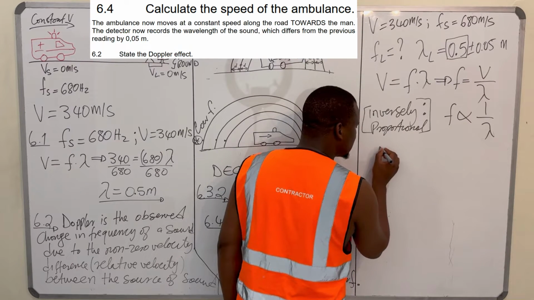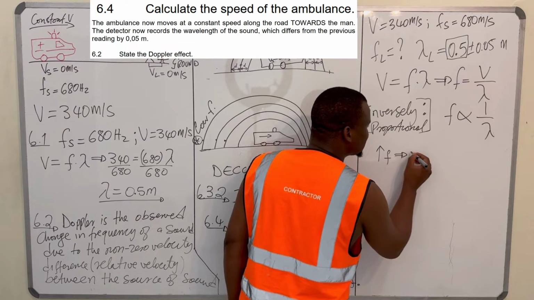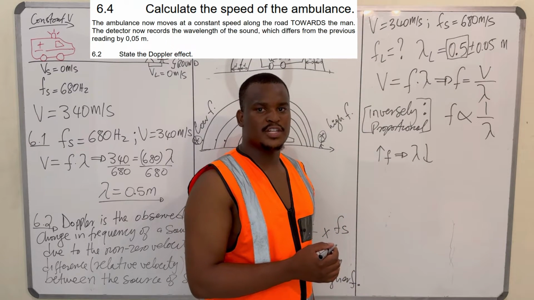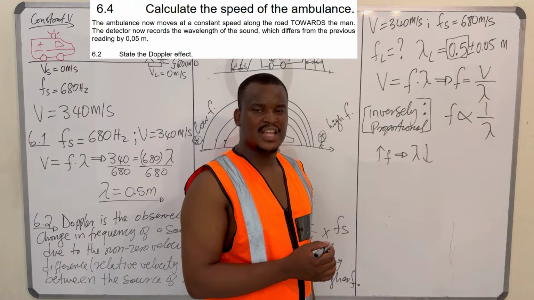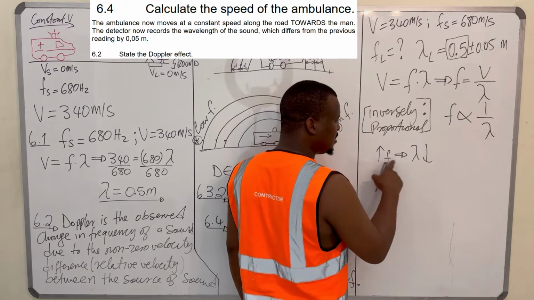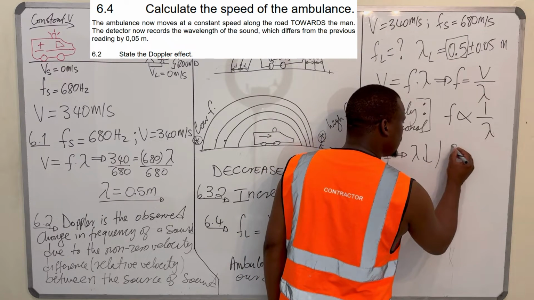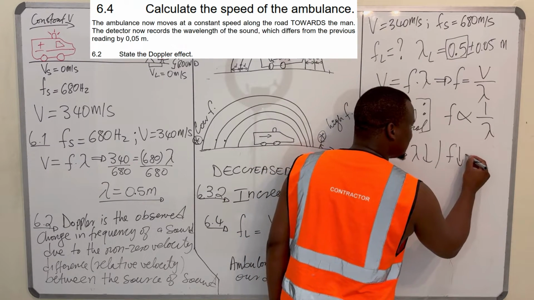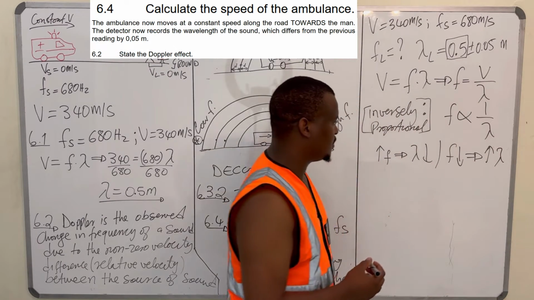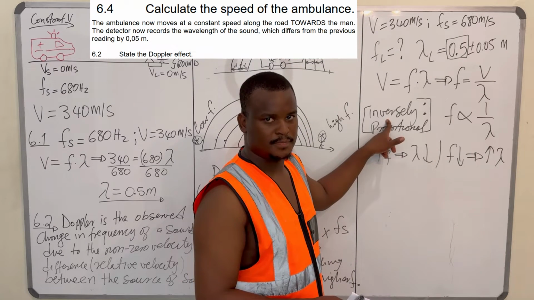It means that if you increase your frequency, your wavelength decreases in a similar proportion, or if your frequency decreases, then your wavelength will go up in a similar proportion. That's what this inverse proportionality means.